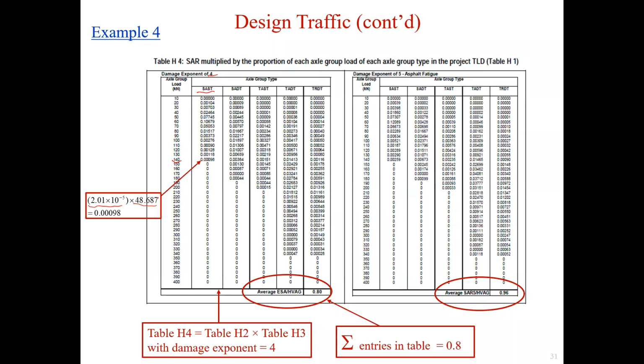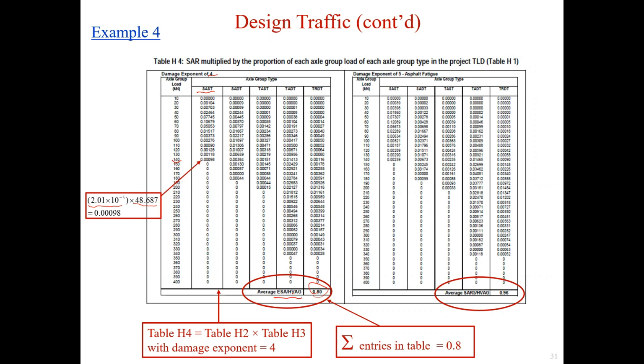So both values are taken from the previous two tables, table H2 and table H3, and finally we get a value of 0.00098. The sum of the entries in this table is 0.8, and that's ESA over HVAG.